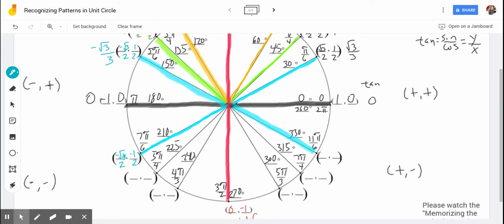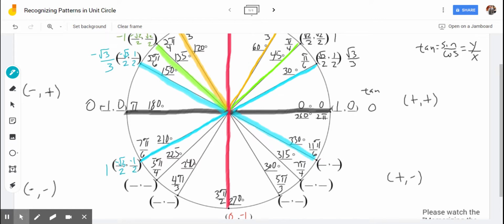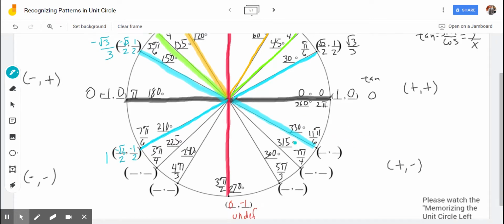So if these are both negative values, this will actually be a positive 1 for tangent. For the value in quadrant 4 at 330, we're going to have positive radical 3 over 2, because it's a positive x, but then a negative y, so negative a half. And we'll have tangent to be negative 1.